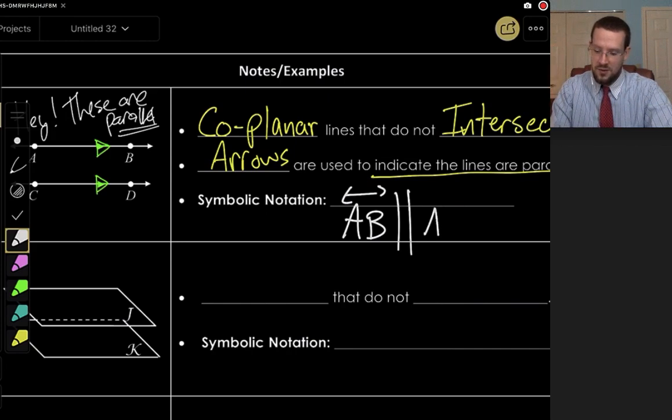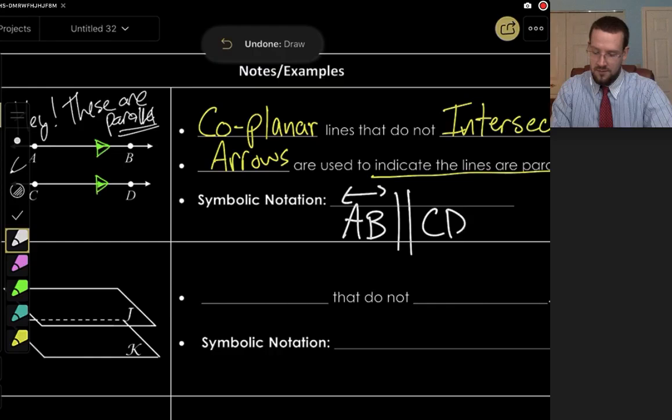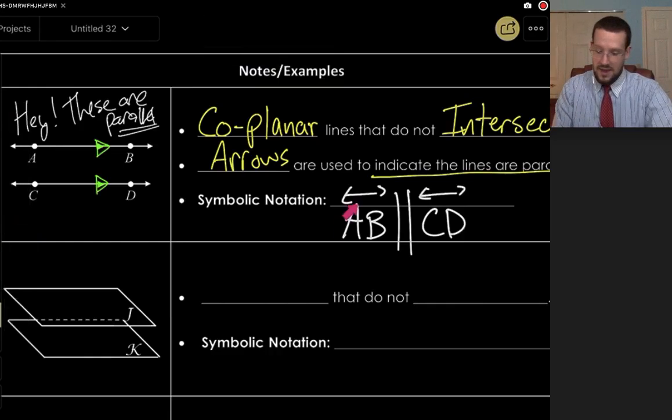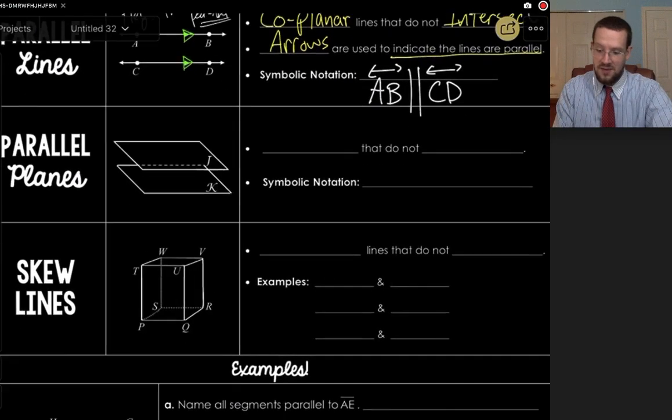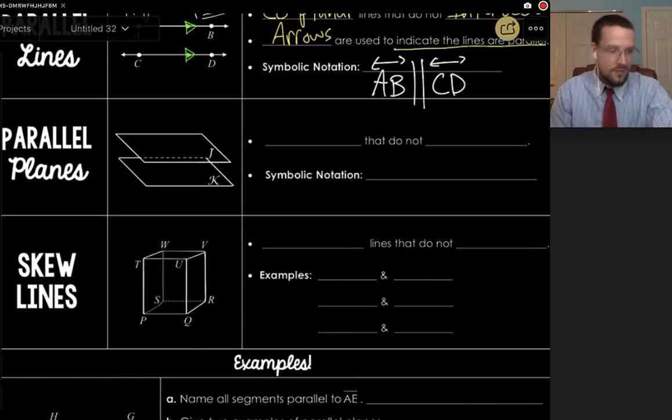That's parallel to CD. The line AB parallel to the line CD.